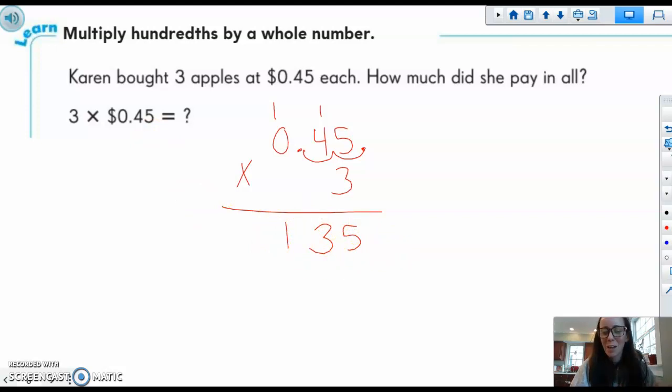It'd be nice, but I wouldn't have that much money. So I need to move the decimal point to make it make sense. So I'm going to swoop it the same number of times I swooped it out of my problem. So once, twice. So my answer would be $1.35.